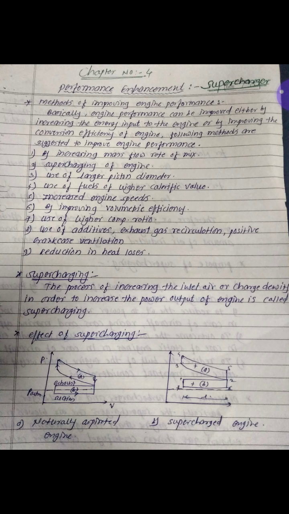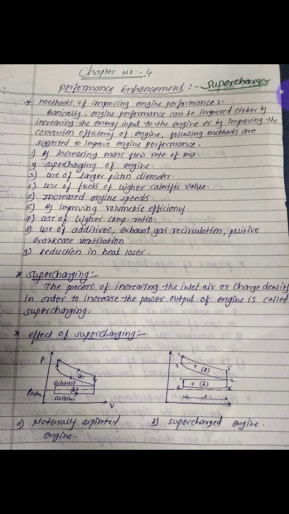First, by increasing the output of the engine, and second, by decreasing the input to the engine. Again, there are a number of methods to enhance the engine performance. Basically, the engine performance can be improved either by increasing the energy input to the engine, or by improving the conversion efficiency of the engine.